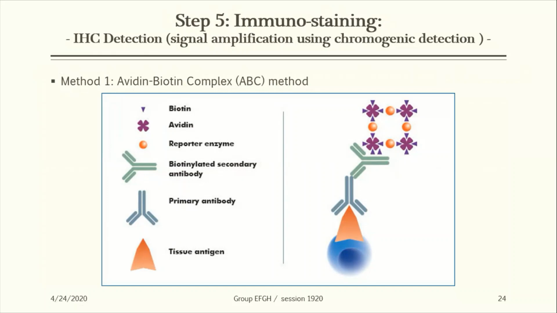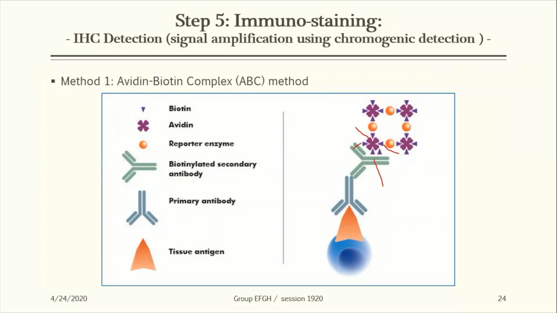So what is ABC? First of all, avidin and biotin are both proteins. They have a strong binding affinity to each other, and each avidin can bind up to 4 biotin, as we can see here: 1, 2, 3, 4.